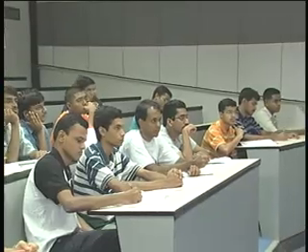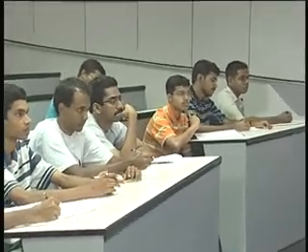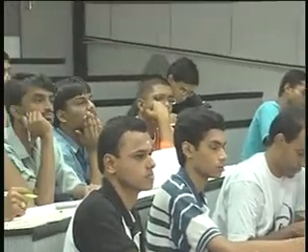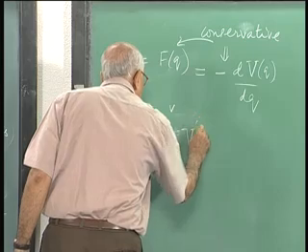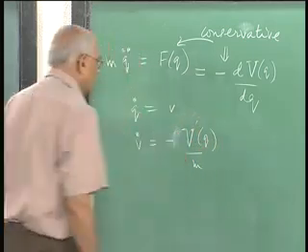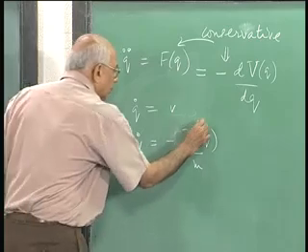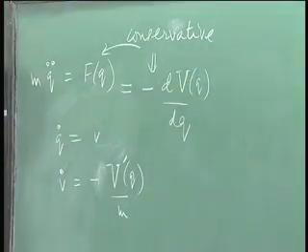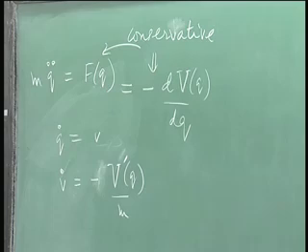We should write q dot equal to v, we should write v dot equal to minus V prime q over m. I use the prime for a derivative with respect to the argument. This is the way I should write these two equations now.